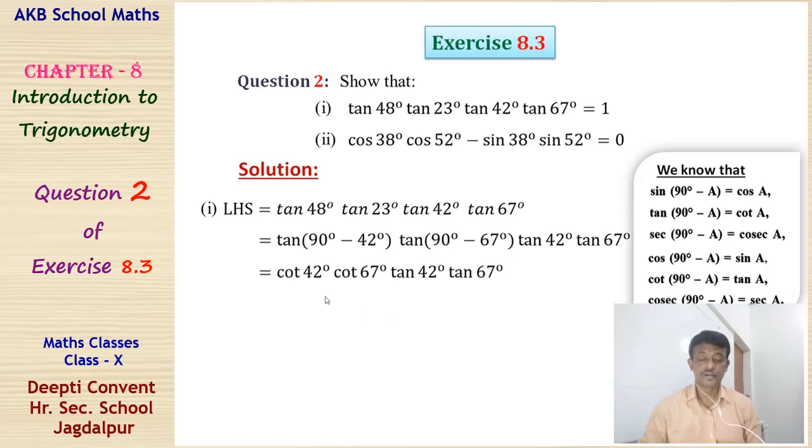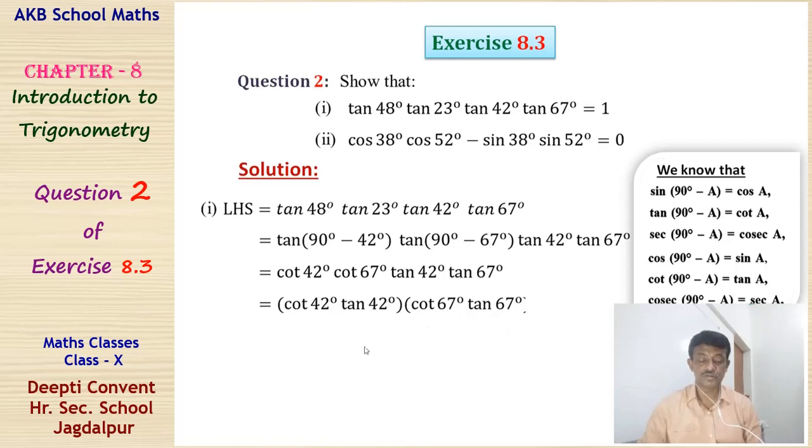Now cot 42 and cot 67. You know that cot 42 into tan 42, cot into tan of the same angle, equals 1. So cot 42 and tan 42, cot 67 and tan 67 combine like this.